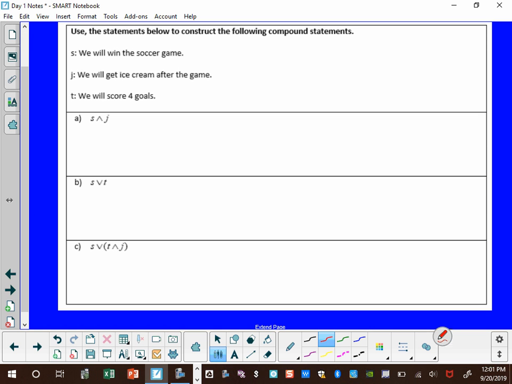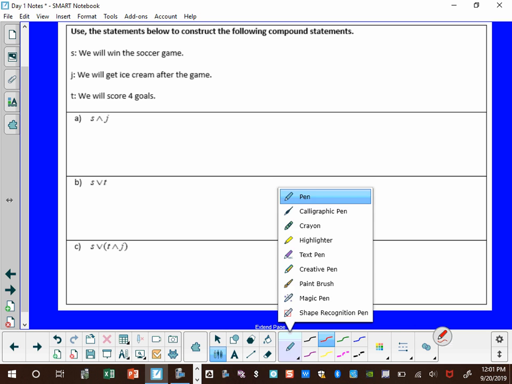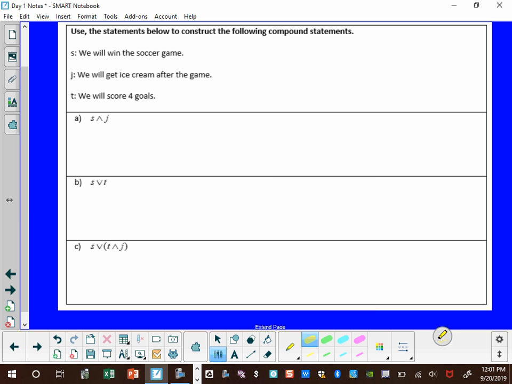All right, example 6 is saying that they gave us some statements: statement S, statement J, and statement T. What I want you to write on your blue sheet, because you probably need to know this, we have two symbols here. What do these symbols mean? Who remembers from our notes?